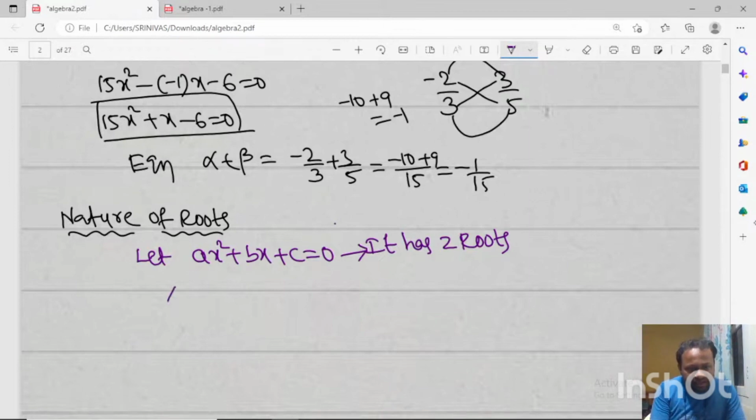So here the discriminant is b square minus 4ac. This is called a discriminant.